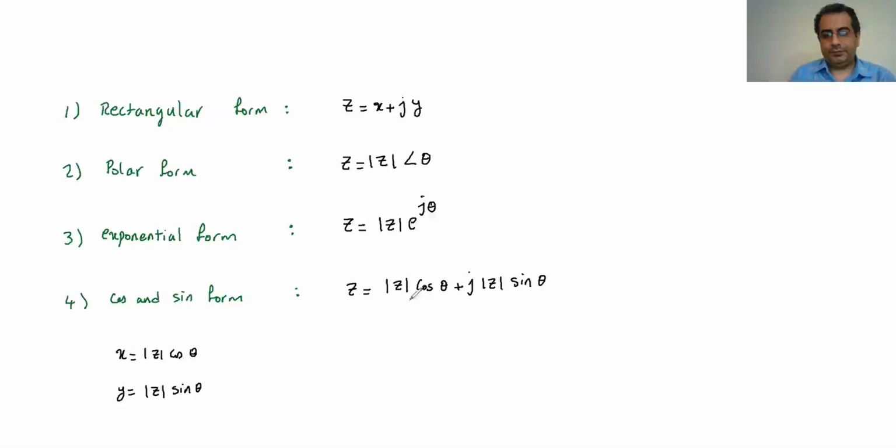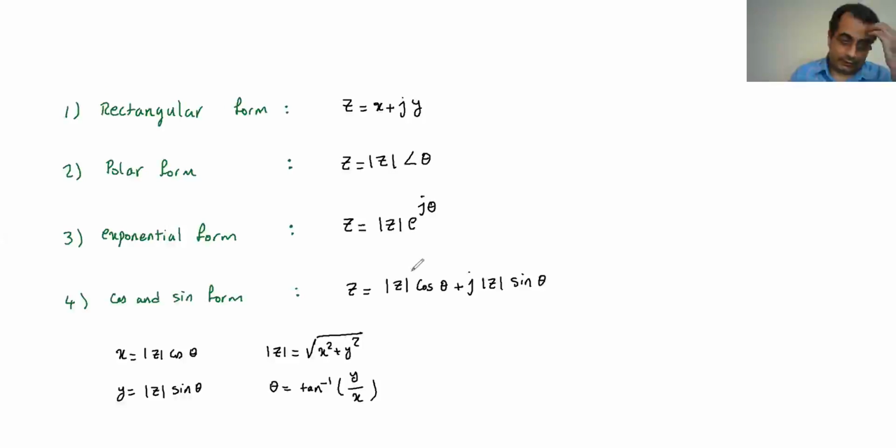The same way, you can get the magnitude of z, which is the square root of x squared plus y squared, and theta is the tangent inverse of y over x. So these are the forms of the complex number we have.